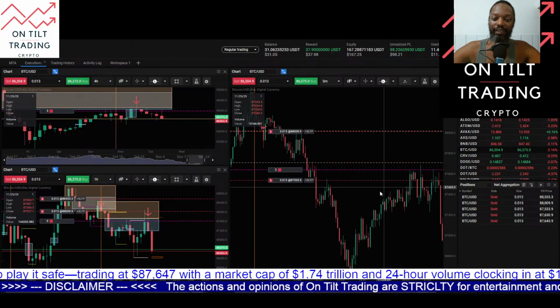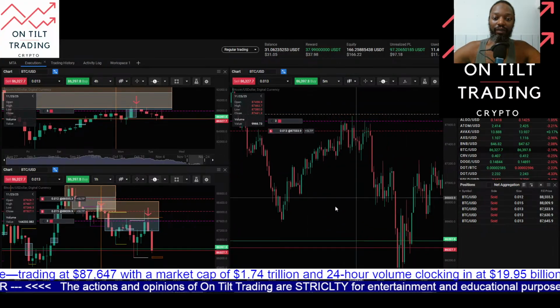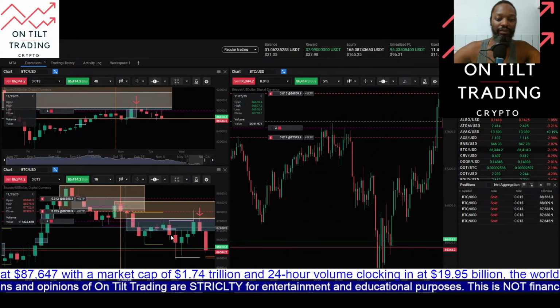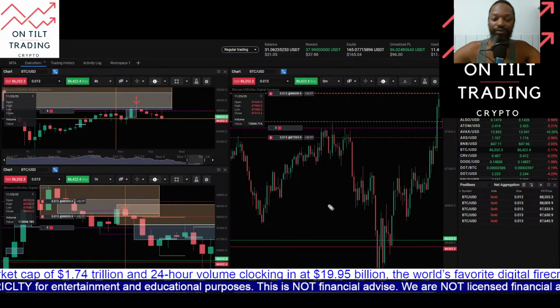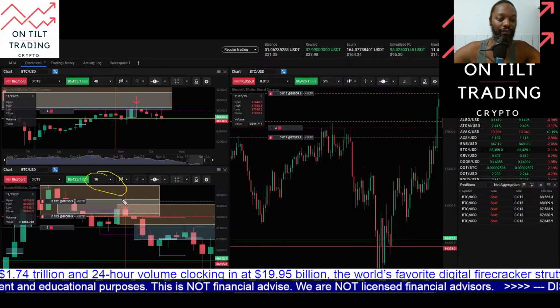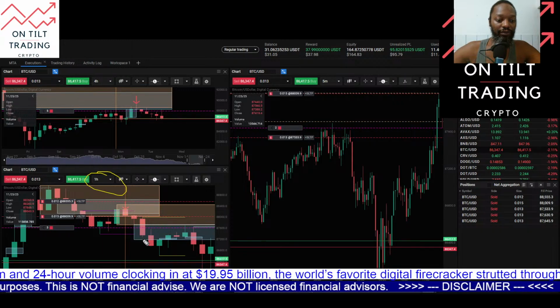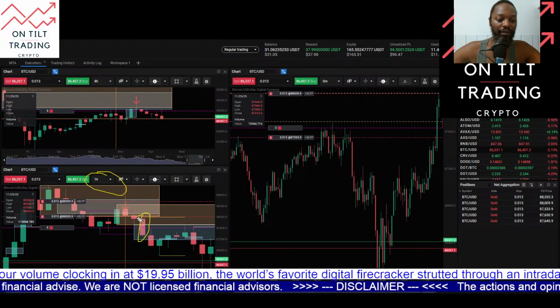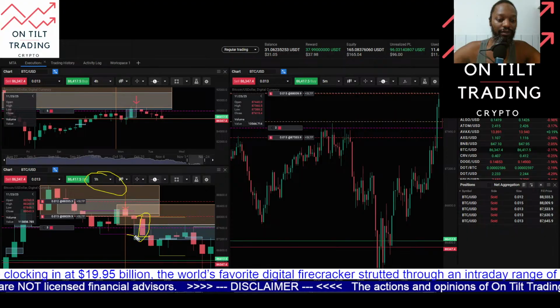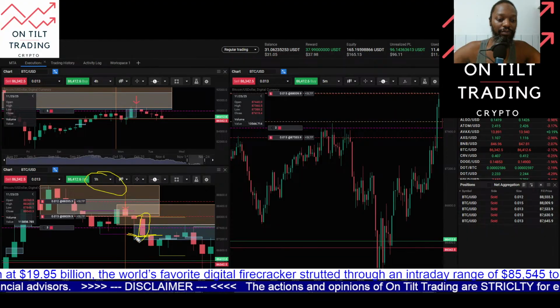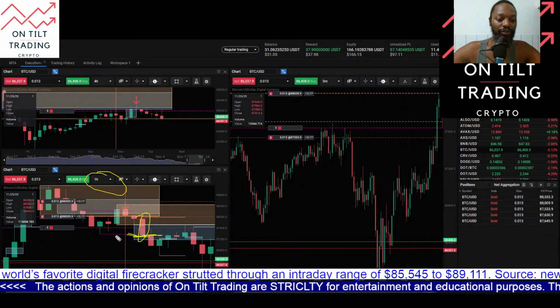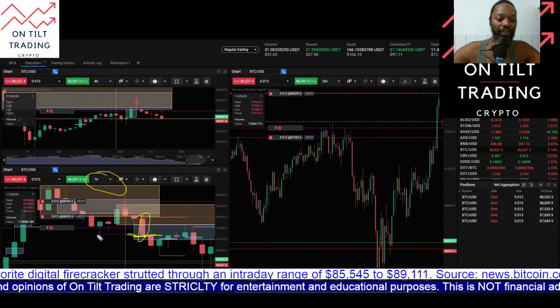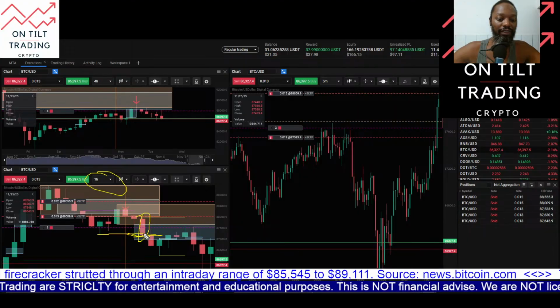So now for the next entry, here, this is another trade off of the 1-hour chart. In this candle right here, during the London session, price closes below the Asian session low, which also creates a market structure shift at this level.